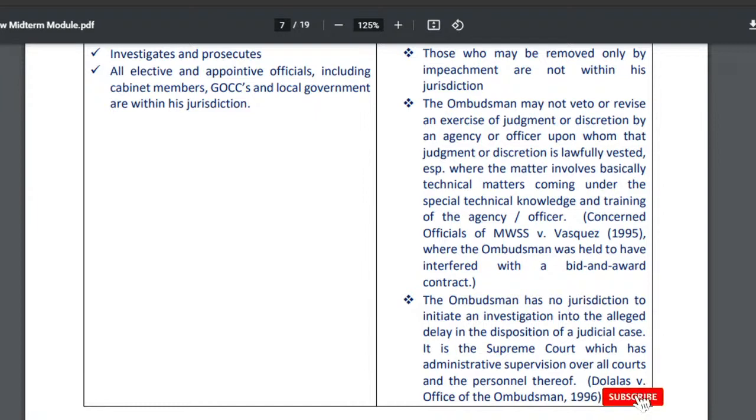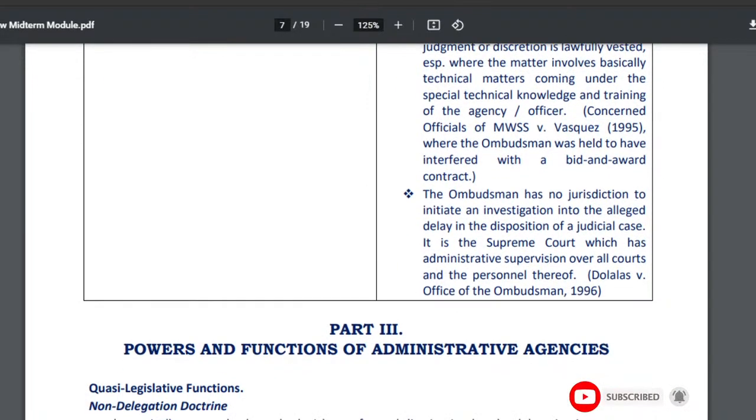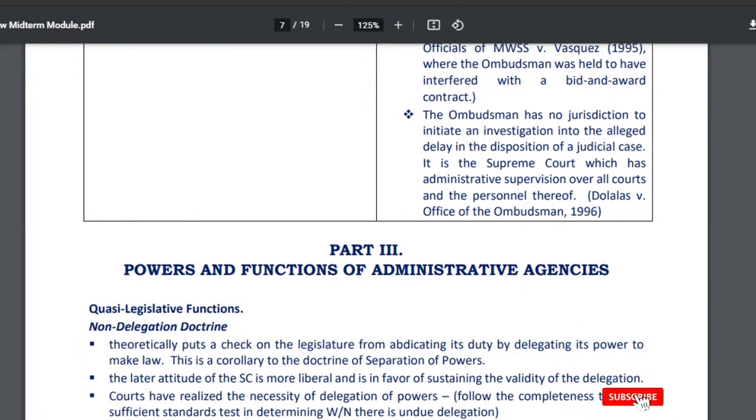That cannot be done because the judge is under the administrative supervision and control of the Supreme Court. The Supreme Court has administrative supervision over all courts and the personnel thereof. This was decided in the case of Dolalas versus Office of the Ombudsman.